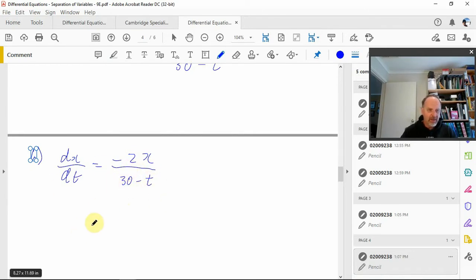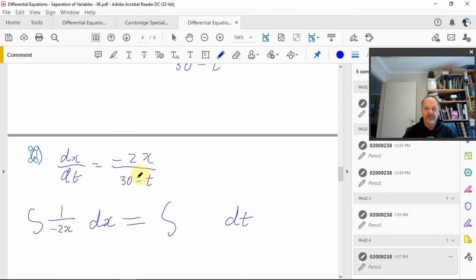All right, so we need something to do with dx, and we need something to do with dt when we separate them. So that means I've got to bring this 2x over there, and so that's 1 on negative 2x.